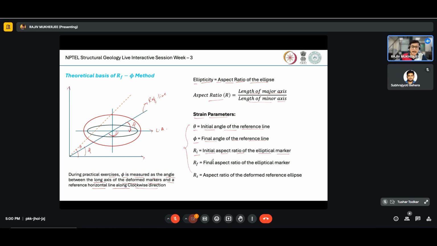Rf is the final aspect ratio of the elliptical marker, after deformation, of course. And Rs is the aspect ratio of the deformed reference ellipse. This deformed reference ellipse is the strain ellipse. Therefore, by estimating the ellipticity of the strain ellipse, we can have an estimation of the strain.